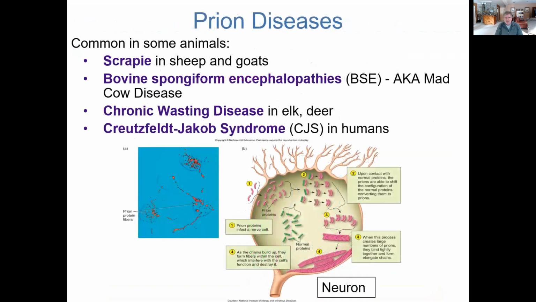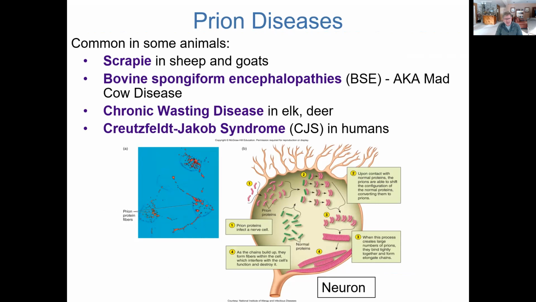So let's talk about a couple of these. Here's a list of several that we find in animals, and as far as I know, these prion diseases are pretty much exclusively found in mammals. I have not read about any prion diseases that influence fish or amphibians or other kinds of animals. These are mostly mammals, I guess.